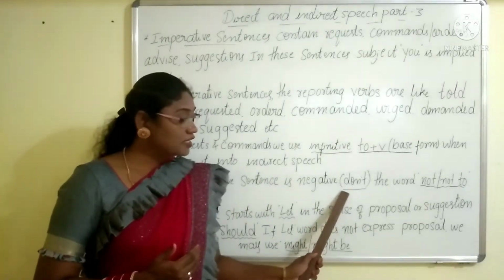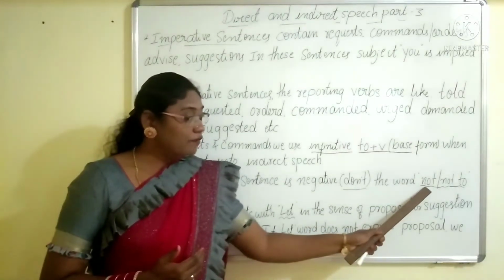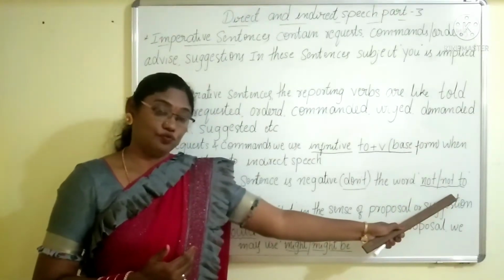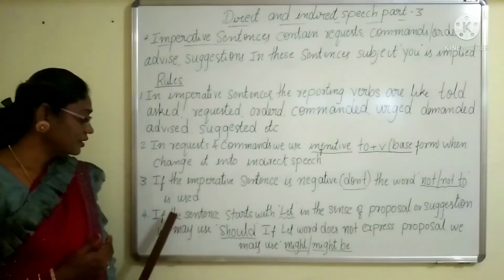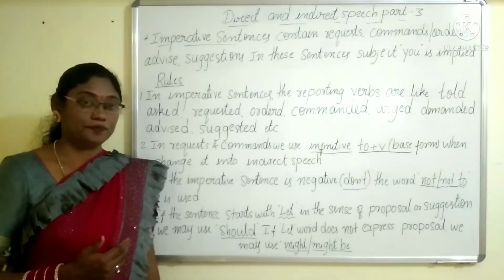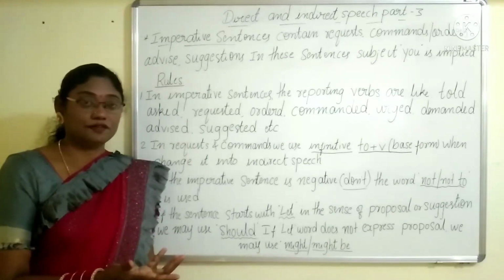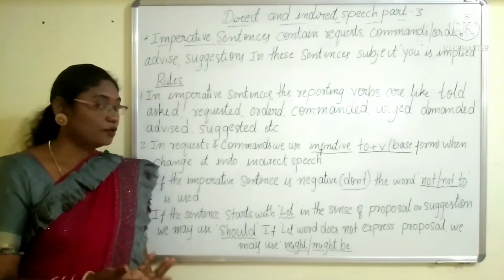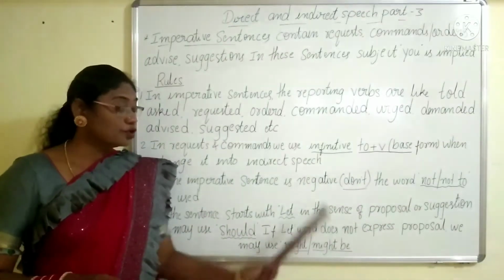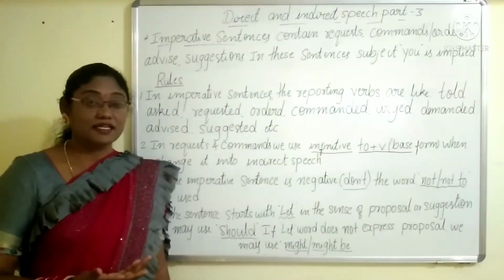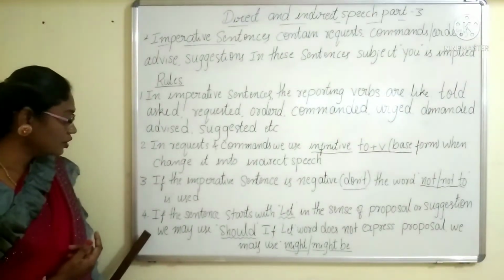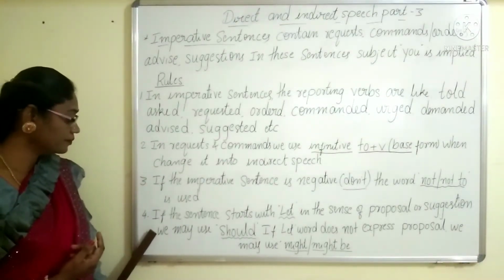If you find such sentences, we have to use the word not or not to. So this is to be remembered. If there is any negative sentence, we have to use not, and we don't use do forms as it is in reported speech.